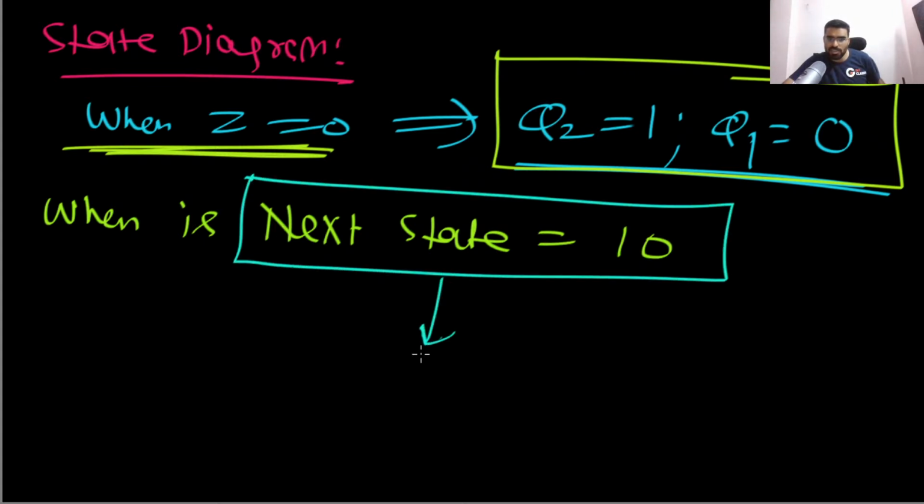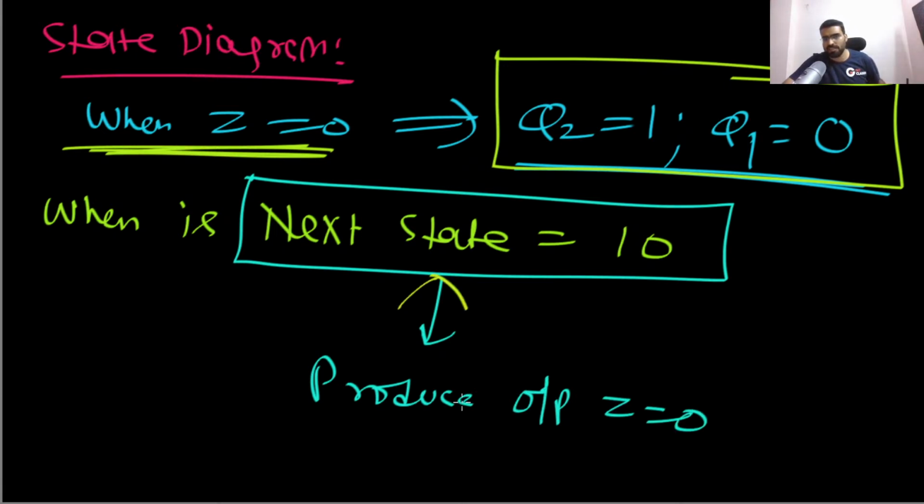In which situation will your next state be 1 0? When your next state is 1 0, in this situation you will produce output 0. And if you are producing output 0, it means the next state is this. So this is the simple point.